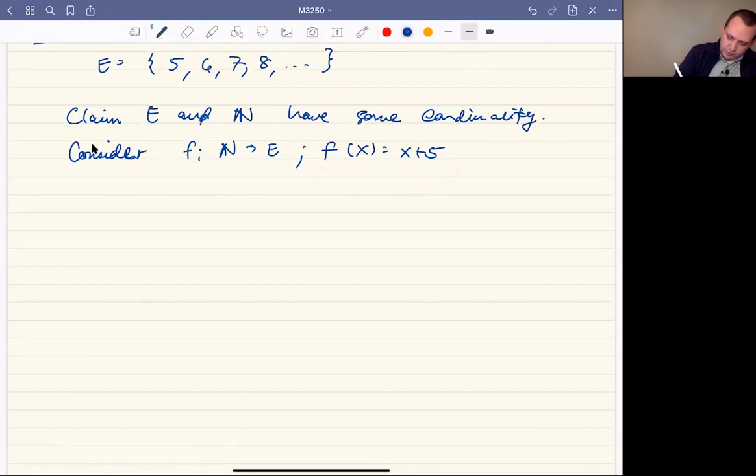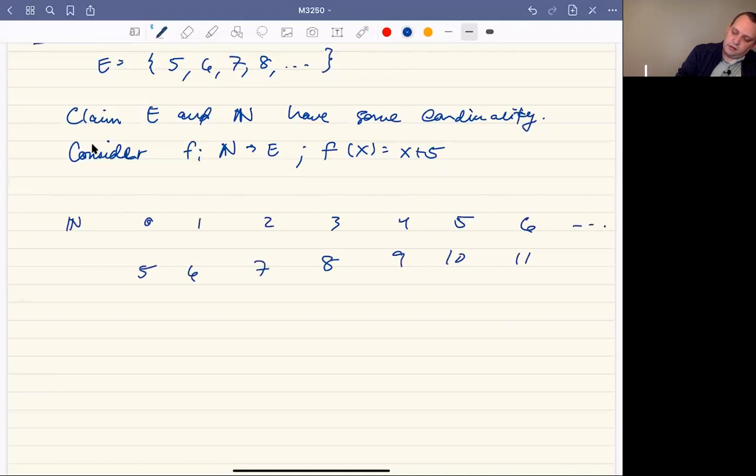So let's take the numbers N, which is 0, 1, 2, 3, 4, 5, and then we have 5, 6, 7, 8, 9, 10, 11, and we continue indefinitely. This value in N gets mapped to E, and you can also think about the inverse, so these go both ways.